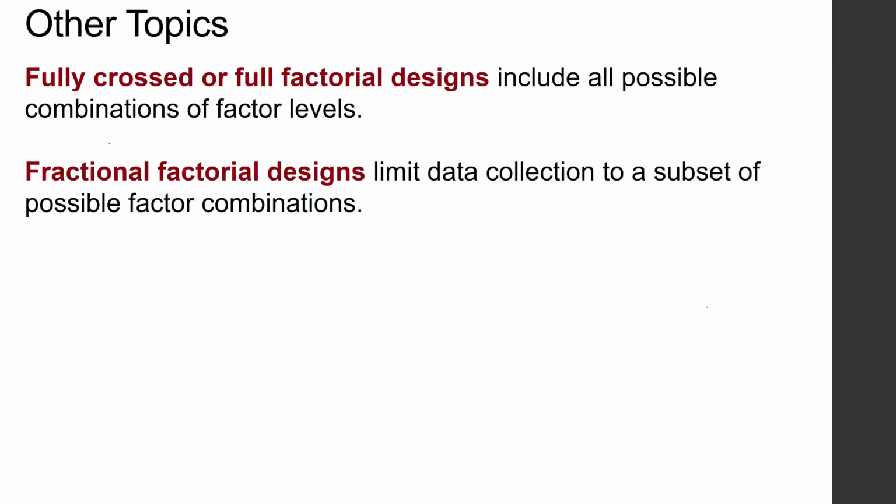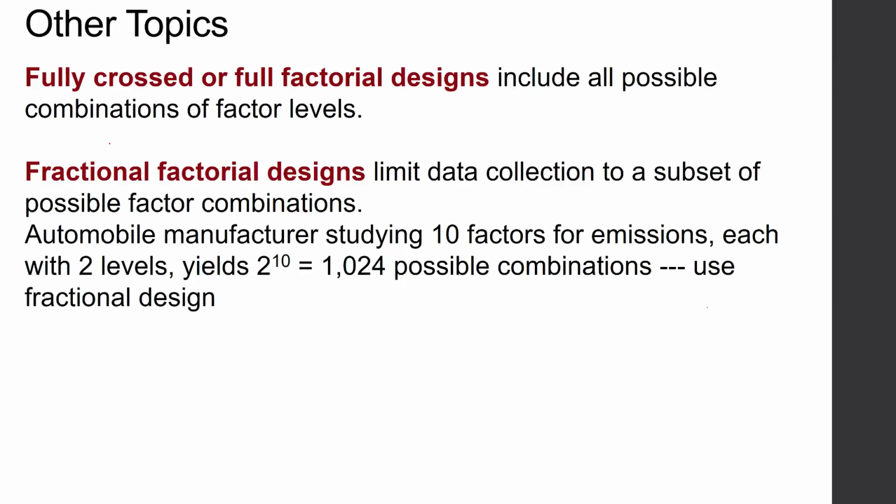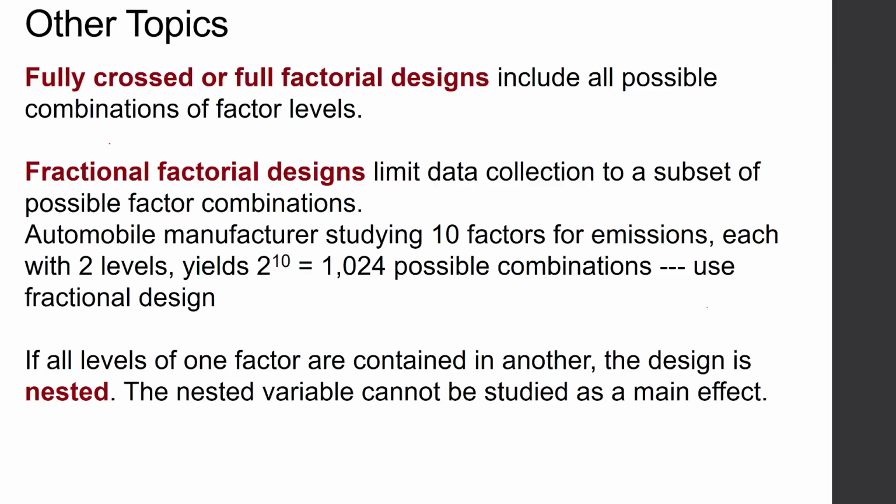A fractional factorial design limits the data collection to a subset of possible factor combinations. An automobile manufacturer studying 10 factors for emissions, each with 2 levels, yields 2 to the 10th or 1,024 possible combinations. So use a fractional design if you're in this situation.